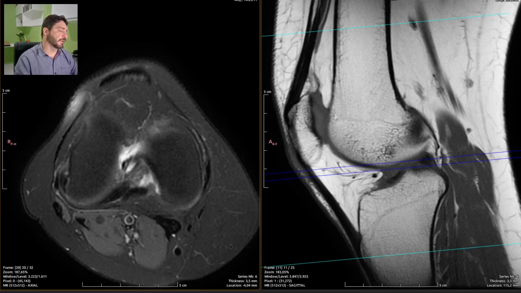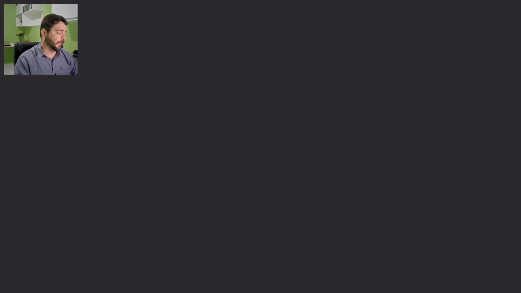So we have finished our first MRI scan. It's signed, the cache has been cleared, and now we are going to go for a shoulder CT scan. I'm downloading it. It's a female patient.